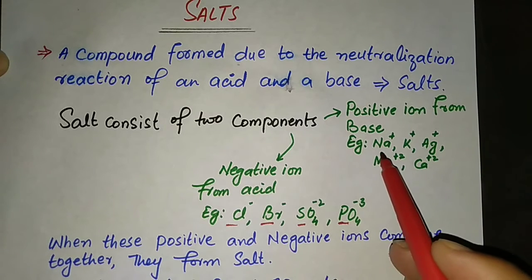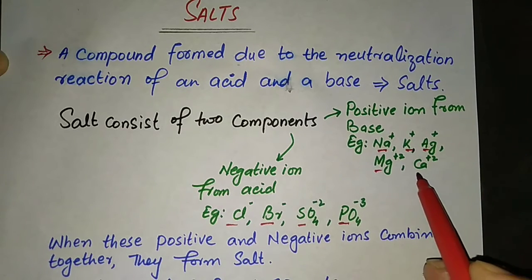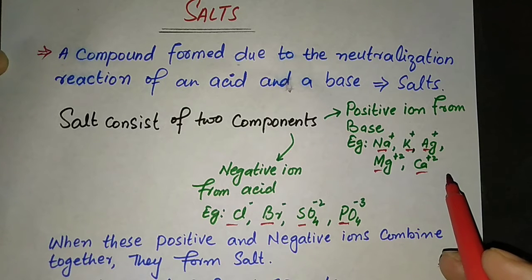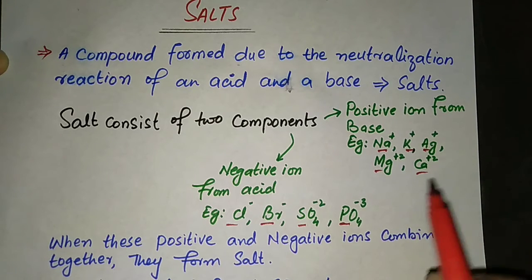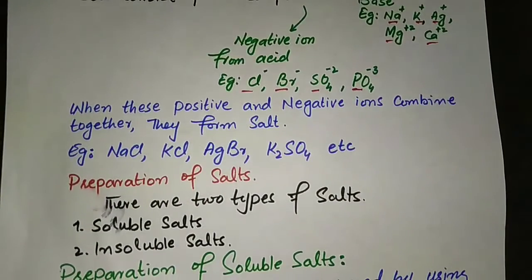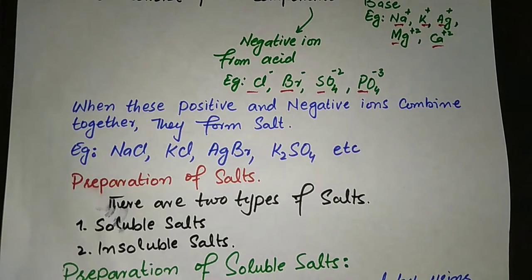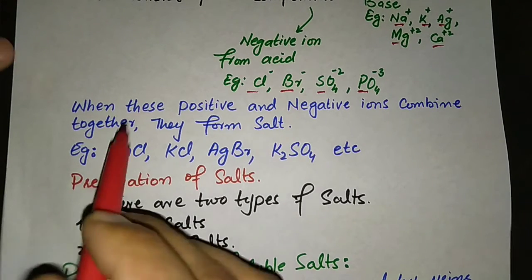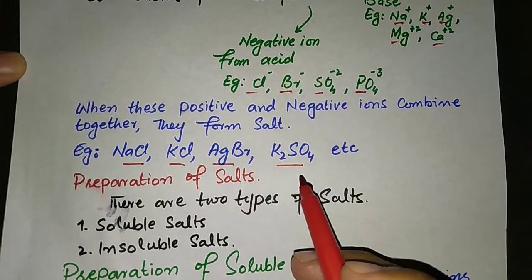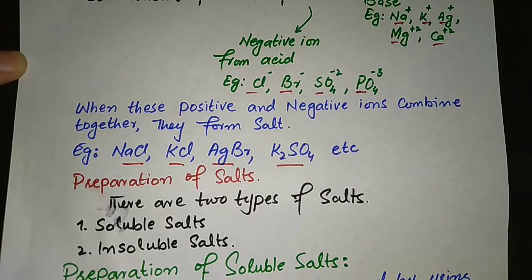And similarly, sodium, potassium, silver, magnesium, calcium, etc. are the common examples of the cations donated by bases for the formation of salts. When these positive and negative ions combine together, they form salts. For example, sodium chloride, potassium chloride, silver bromide, potassium sulfate, etc. There are dozens and dozens of salts present around us.